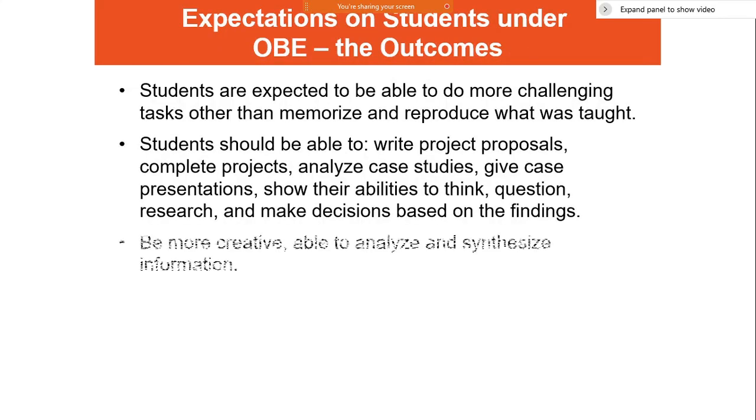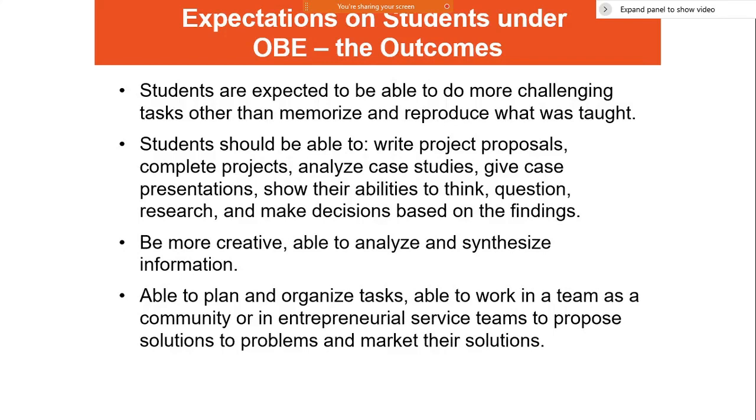Then what is the expectation from the students? Students are expected to be able to do more challenging tasks other than memorizing. When I was in childhood, we used to learn tables by heart: second table, third table, fourth table. But now when I see my kid, he is not going to memorize anything. He keeps the concept in his mind and uses it in each and every place.